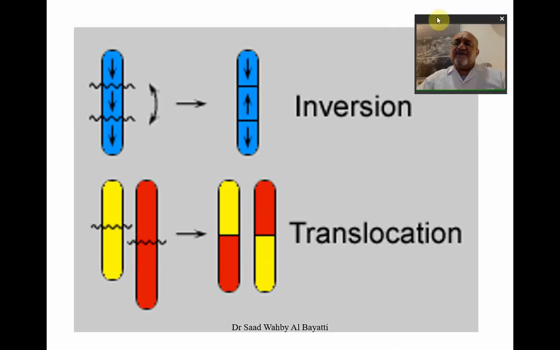As you can see here, this is a representation of what occurs on the chromosomal level. Chromosomes, when they are hit directly, can no longer retain their original shape, so they either reverse the genetic code or they translocate.